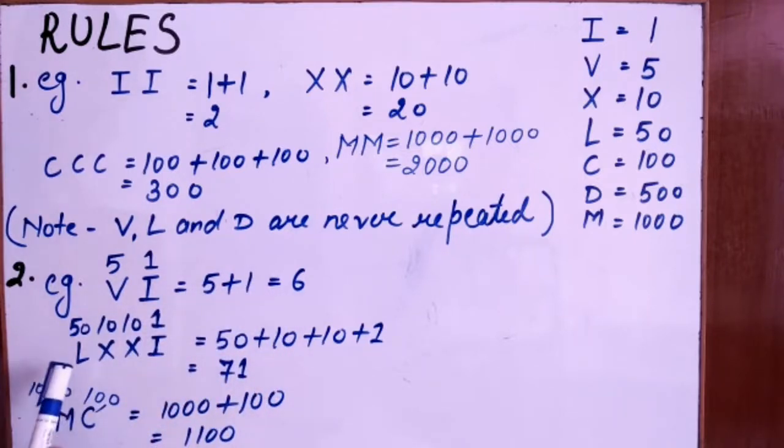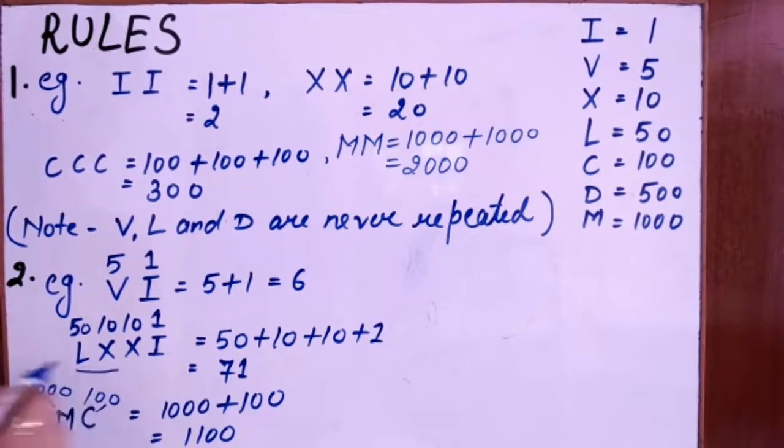Similarly, this L, X and I. The value of I is 1, the value of X is 10 and the value of L is 50. First of all, we will see these 2 letters. 10 is smaller than 50. I have told you a letter of smaller value is written to the right of a letter of greater value.